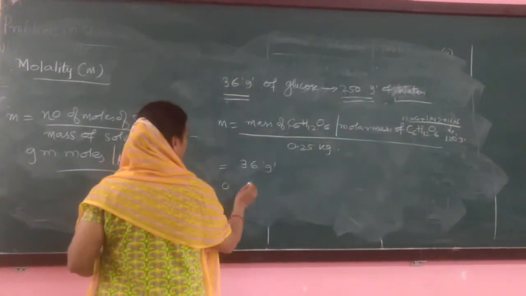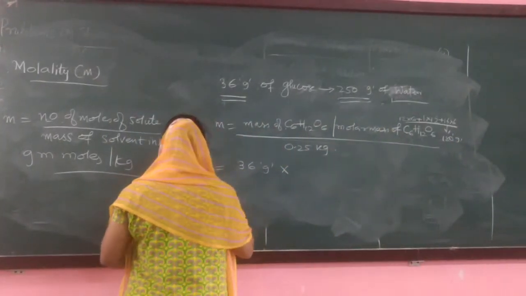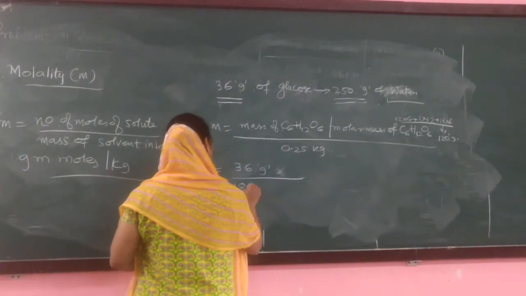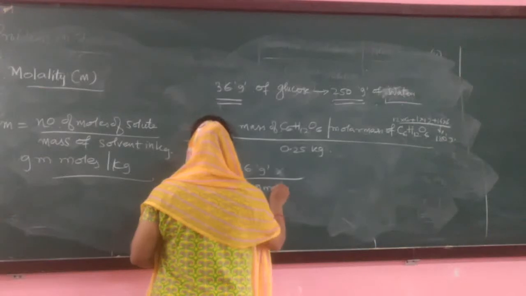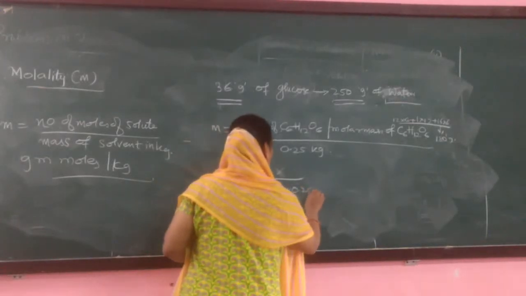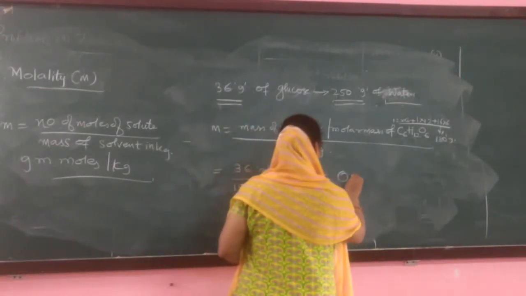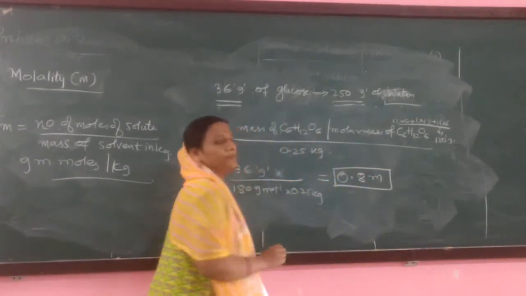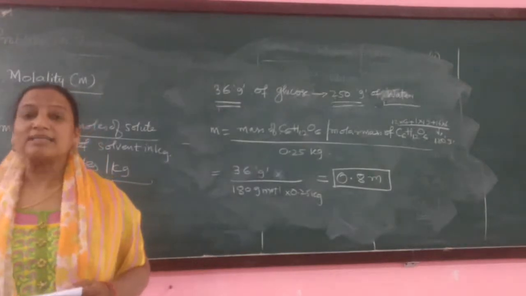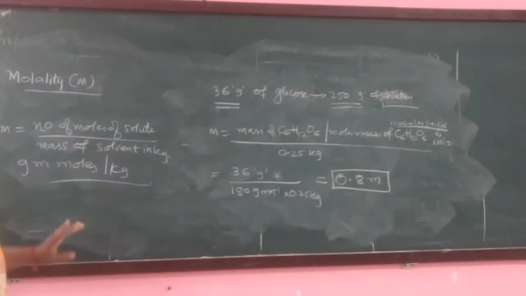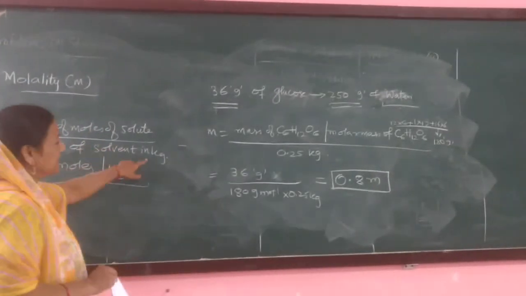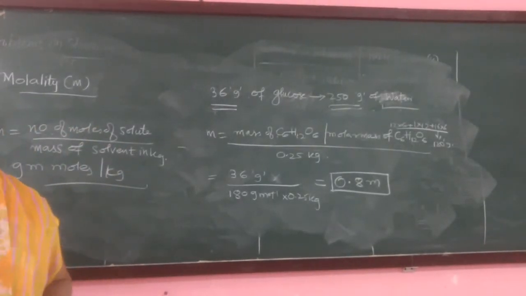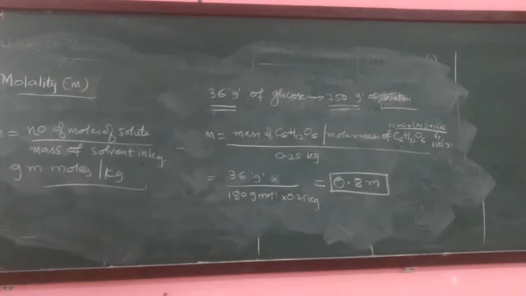So therefore, this will be given by 36 grams divided by 180 gram per mole into 0.25 kg, and the value comes around 0.8 molal. Now since mass is not dependent on temperature, because mass of solvent is taken in terms of kg, molality is independent of temperature.